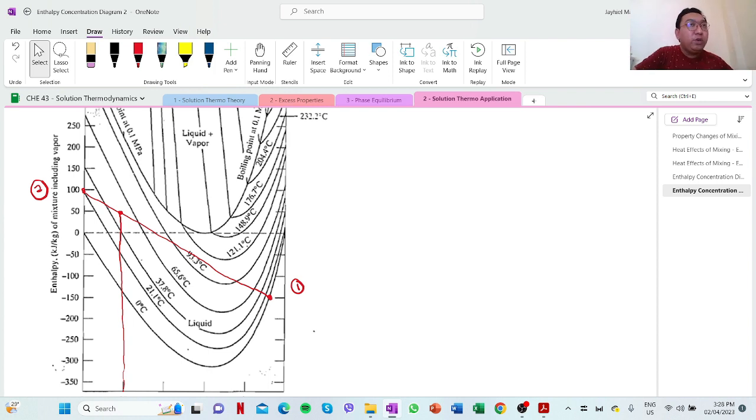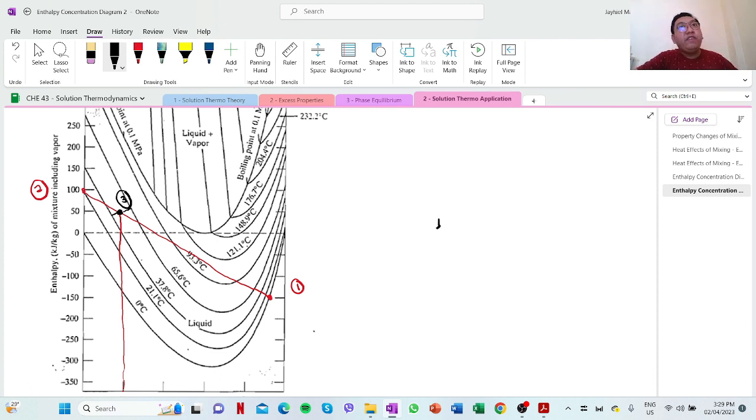So actually what you're going to do, guys, is to read the isotherm where this point will touch, because this is the point where the mixing will take place. For an adiabatic process, this is actually the output stream 3. Unfortunately, we were not able to touch an isotherm, but we know that this is in between 37.8 and 65.6 degrees Celsius.